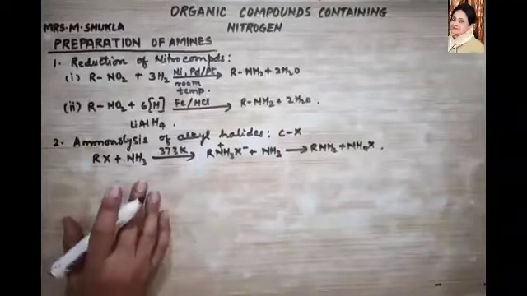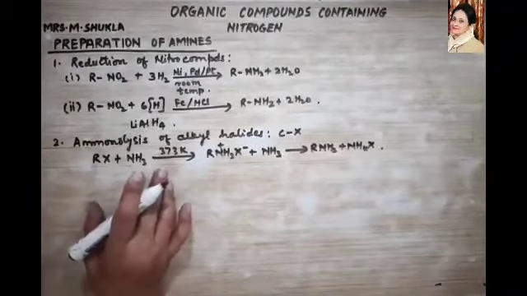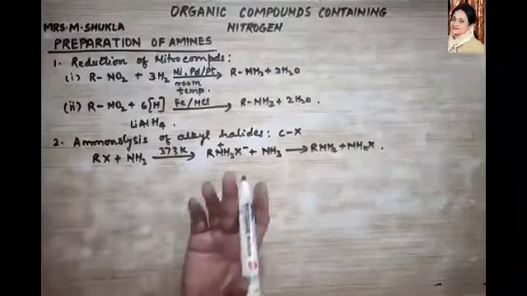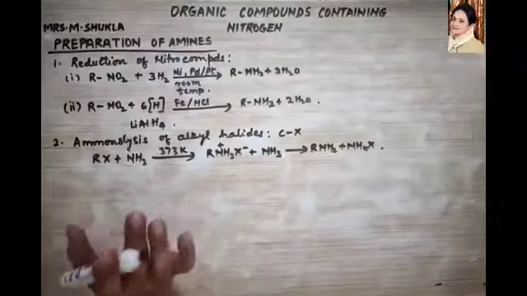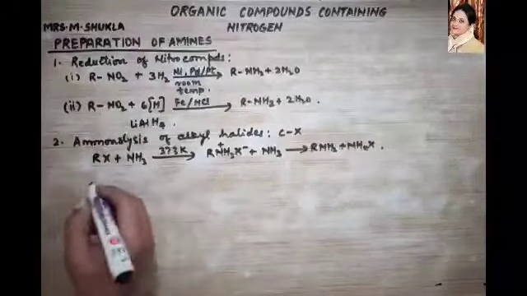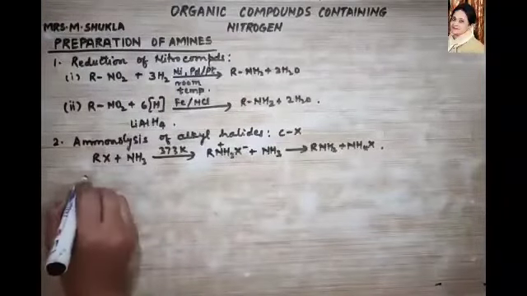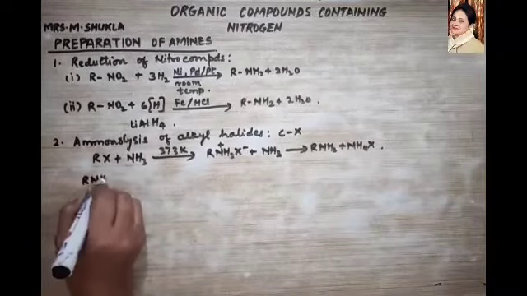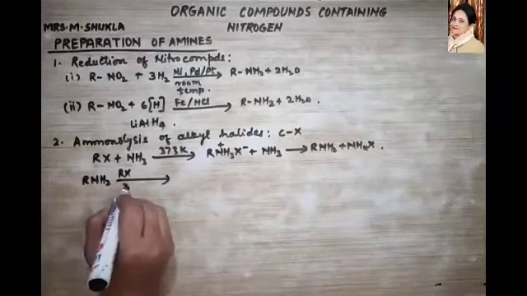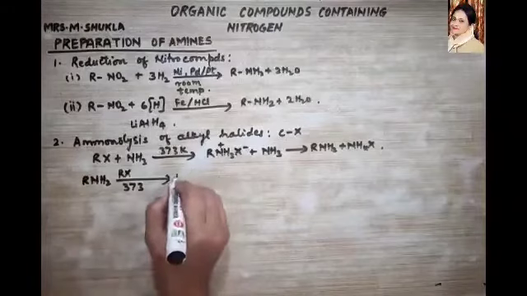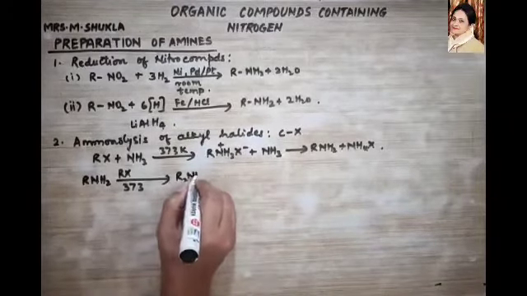Now this primary amine acts as a nucleophile and reacts further with the alkyl halides, and it forms secondary, tertiary and quaternary ammonium salt. Once this primary amine is formed, it reacts with the alkyl halide at 373 and will form secondary amine.